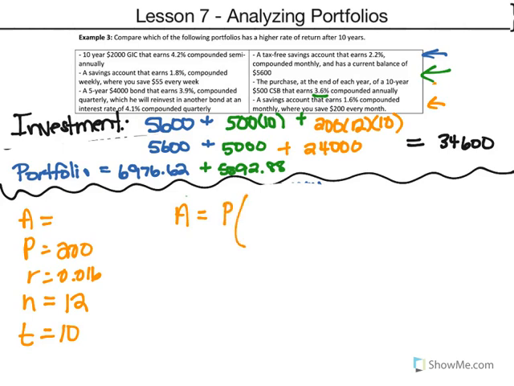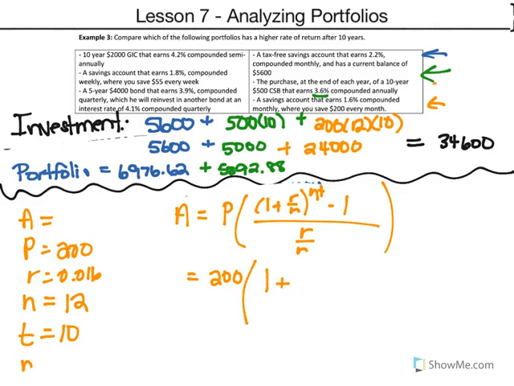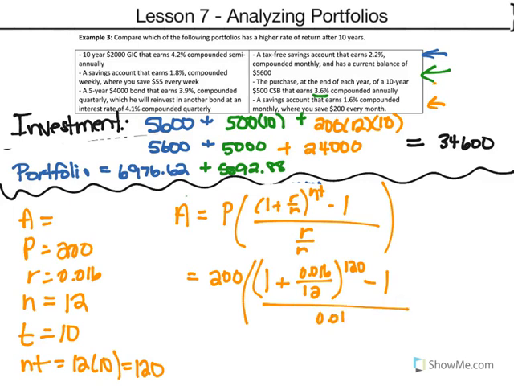So P times (1 plus R over N) to the power of NT minus 1, divided by R over N. So we have $200, 1 plus, remember our NT is 12 times 10, which is 120. So 0.016 over 12 to the power of 120 minus 1 over 0.016 over 12. Pause the video, type this all in.